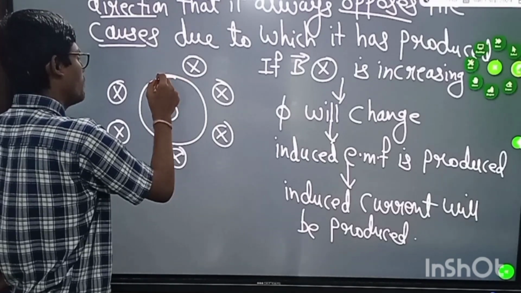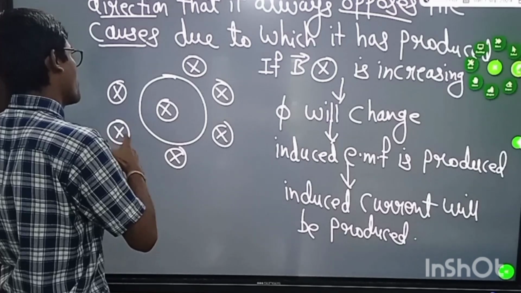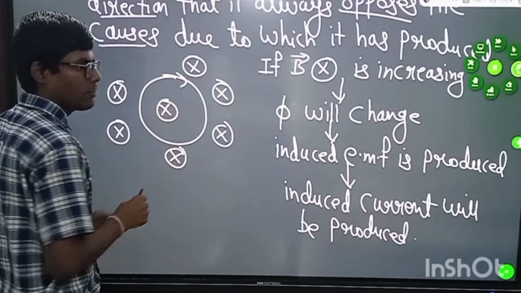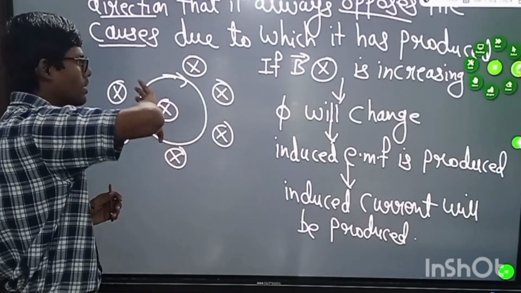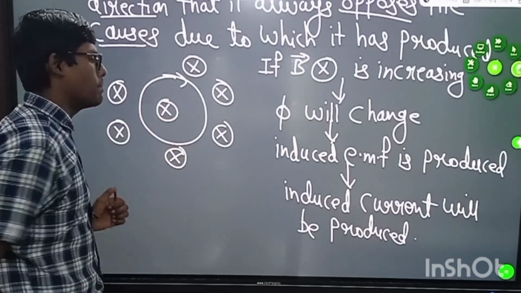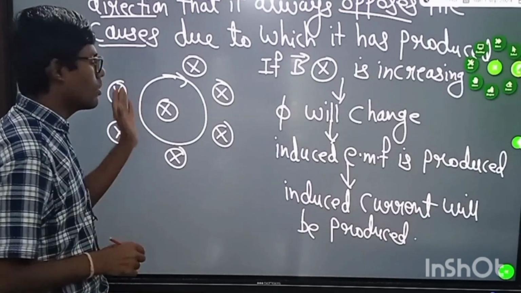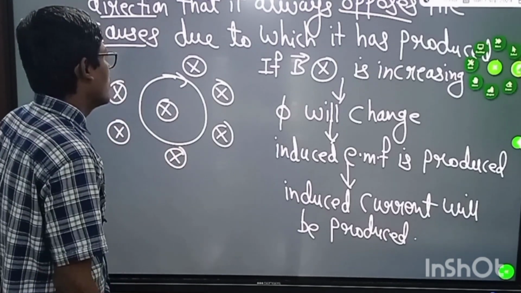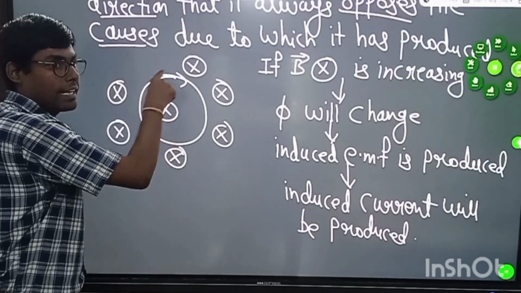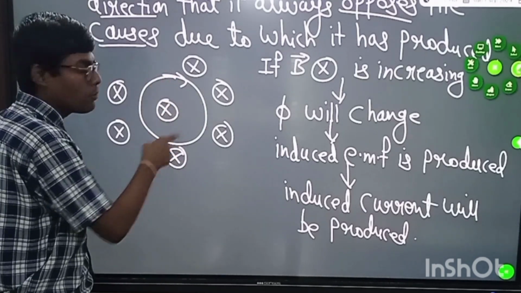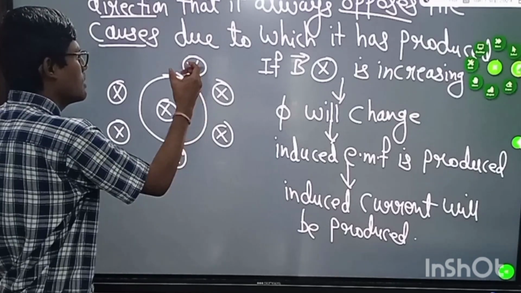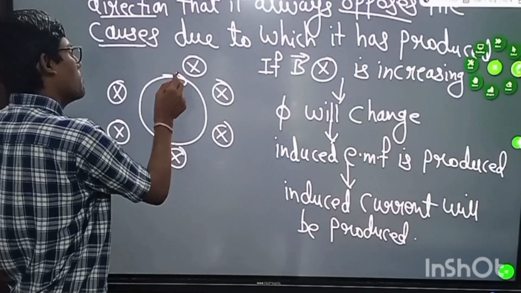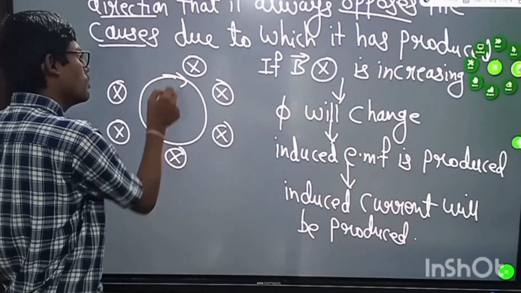Suppose the current flows in this direction. So what will happen? If the current flows in the clockwise direction, then, see, a current carrying coil produces a magnetic field. One is the external magnetic field, which is increasing. The other will be the magnetic field due to the induced current.